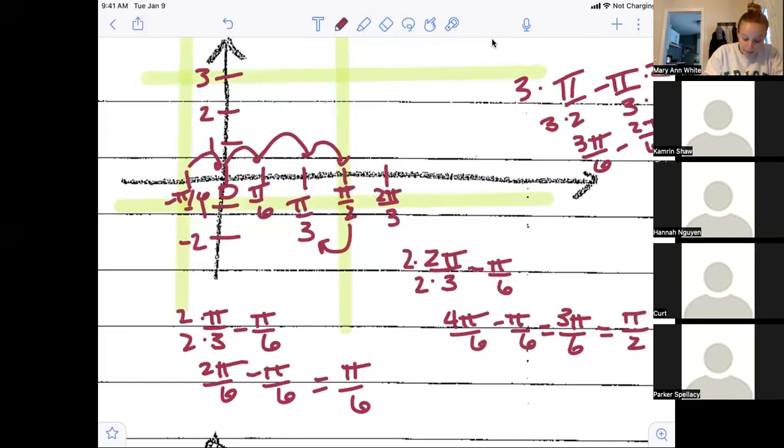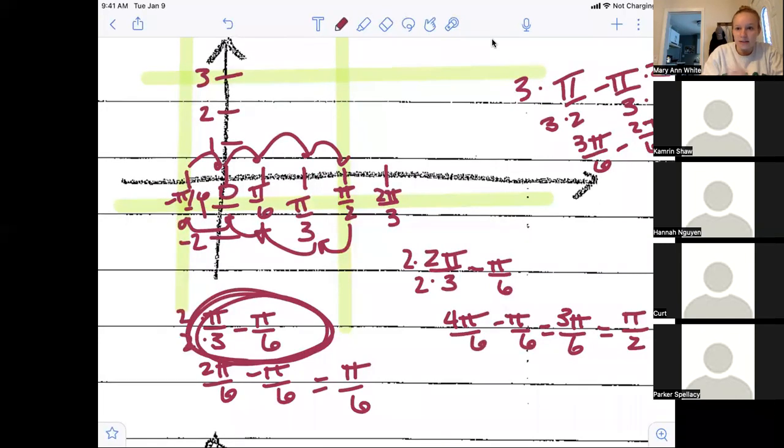The distance from pi over 3 to pi over 6 is pi over 6, because I just did pi over 3 minus pi over 6 to get that. The distance from pi over 6 to 0 is pi over 6, because if you subtract anything from 0, it's itself. And to go from 0 to negative pi over 6, that is a distance of pi over 6. So I have all of my pieces and they are evenly marked on my graph.